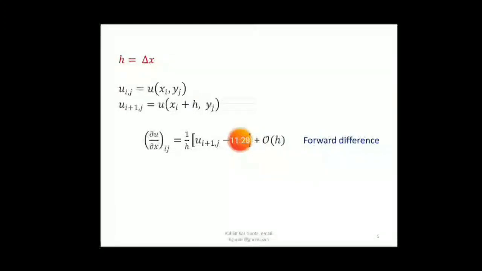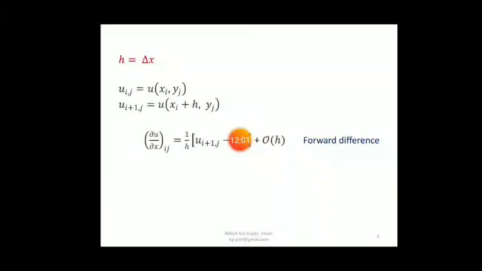Why? Because you have discarded second order terms onwards, and there it was delta x whole square, and delta x means h, and now in this formula you divide by h. So the rest of the terms, the leading term will be of order h, and then again h square, h cube, and all those terms will be there. But since h is the difference in x, h should be less than 1, because you take a very small step in magnitude.